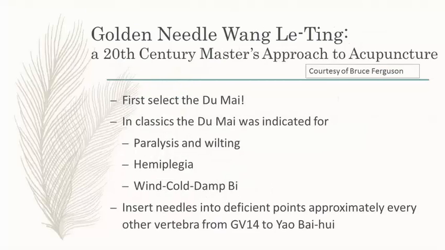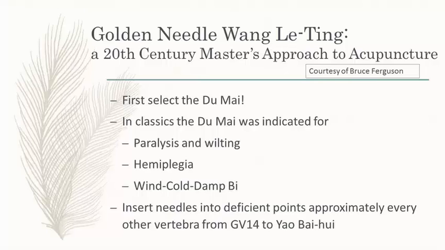Now, another technique that you can use, and I have to thank Bruce Ferguson for this, because I did not read this. I did not find this. This was Bruce's find. You've got some book, The Golden Needle of Wang Le-Ting or something, the 20th Century Master's Approach to Acupuncture. And according to this author, what you must do first is select the Dumai. And there is indication for this.